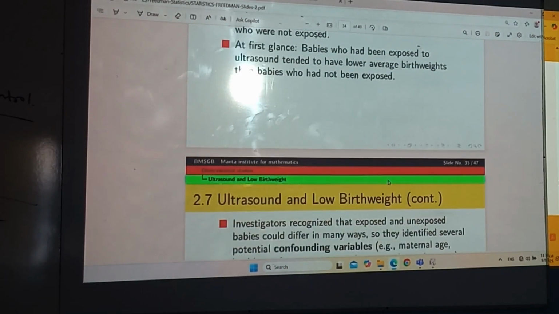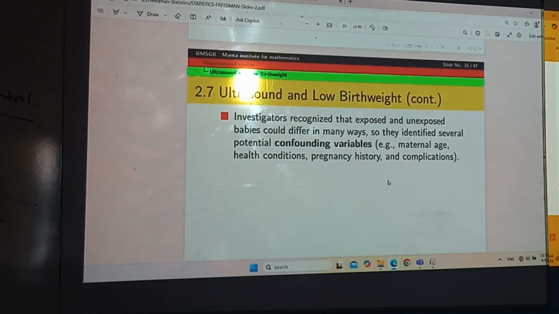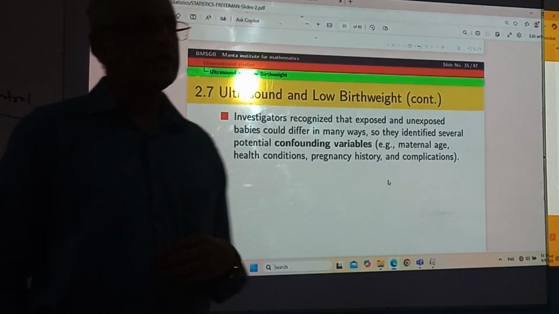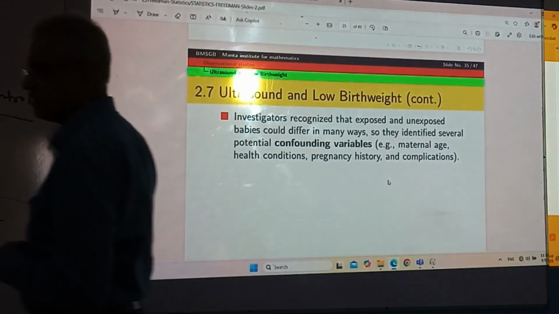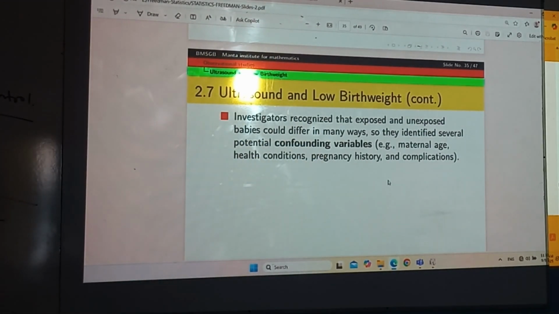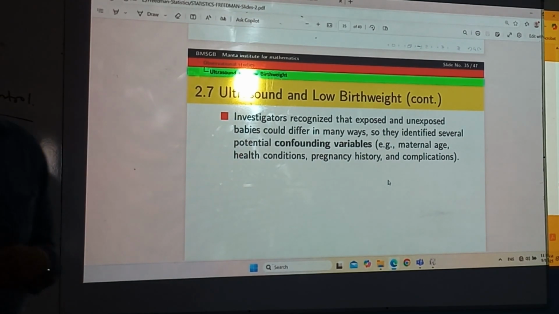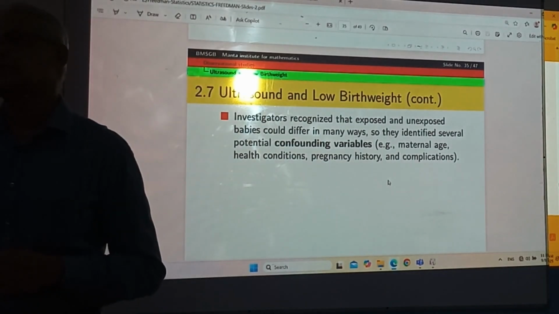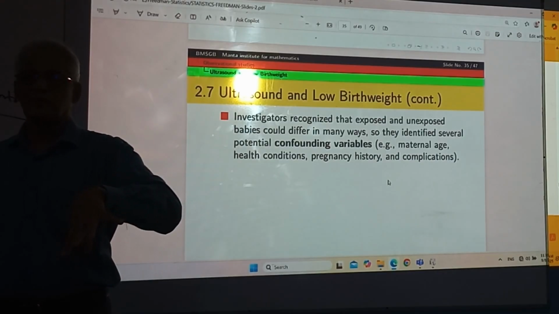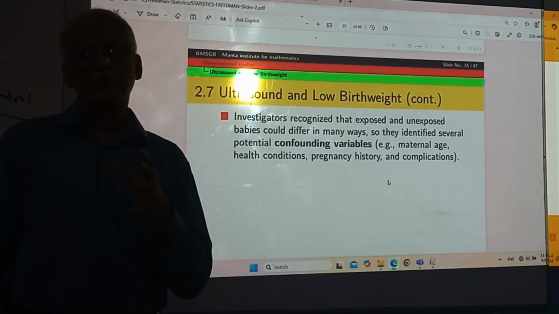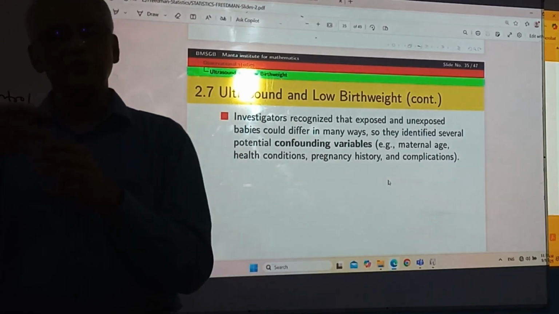But later on, they carried out further studies, and they looked deeper, and they found out there is some confounding variable, and therefore this apparent association is not a real association. What they found is that those who did ultrasound did it because doctors found some kind of weaknesses.